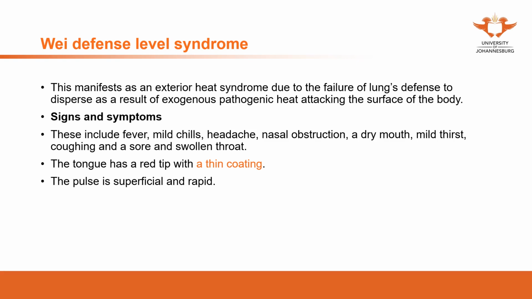The patient will have a fever, mild chills, because the cause of this problem is heat. The patient may have headache, nasal obstruction, dry mouth, mild thirst, and coughing. These manifestations are due to heat affecting the lung.